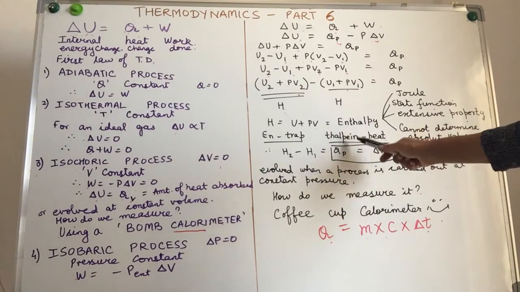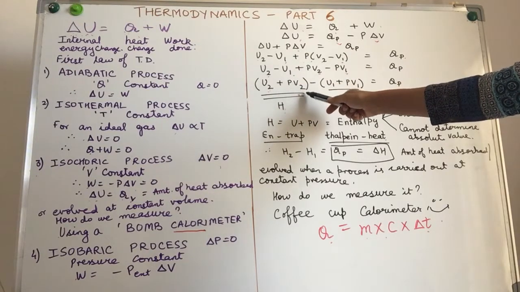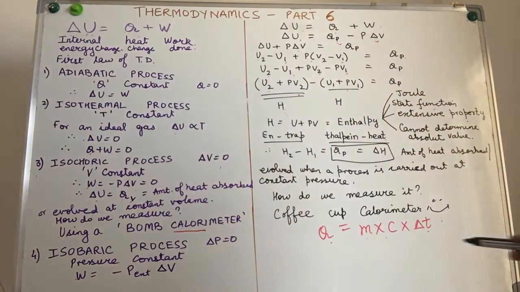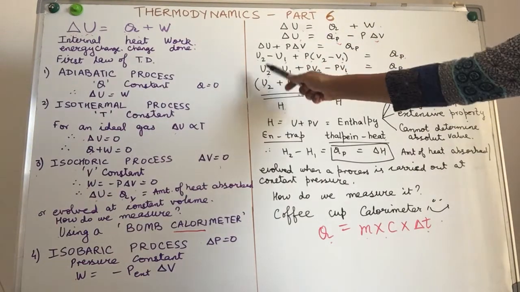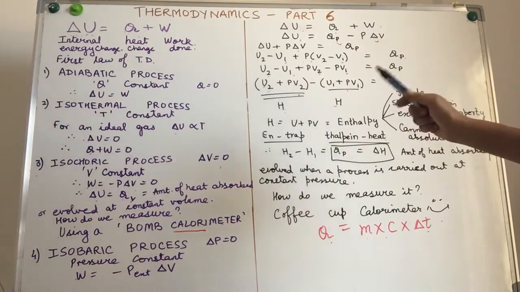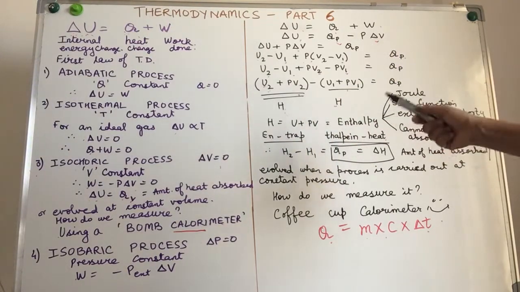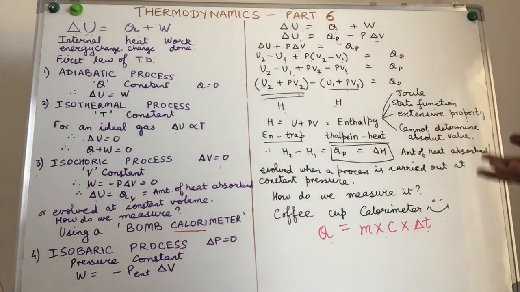That is the heat trapped in the form of internal energy, and the pressure volume work, which we call the enthalpy of a system. We cannot determine its absolute value, so we cannot determine the absolute value of H also. But you will realize that we don't need it. Why? Because we just want the useful energy which can be used for our various processes.